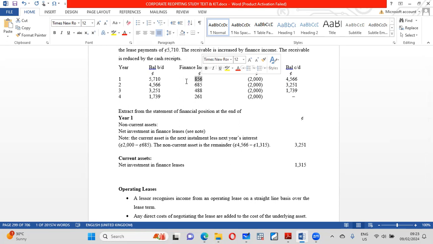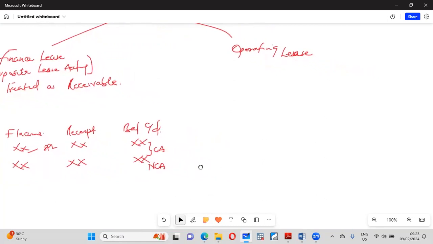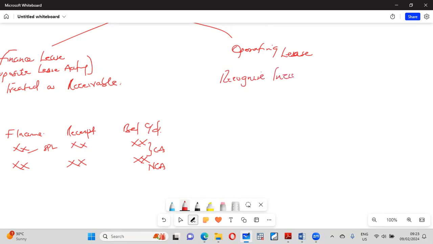All right, so let's go to the operating lease aspect. With the operating lease, it is like the old accounting we do, like you are just renting out the thing. So if you have rented out the thing, you are going to recognize income from the operating lease on a straight line basis.